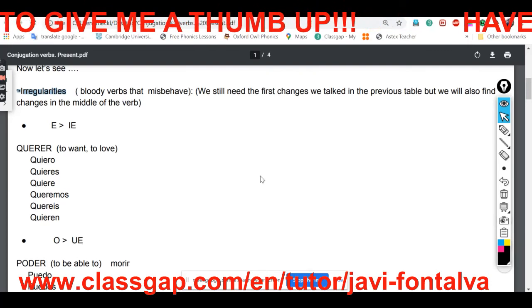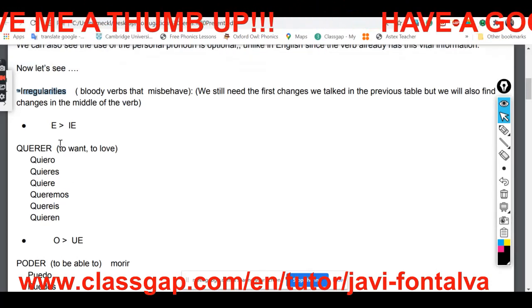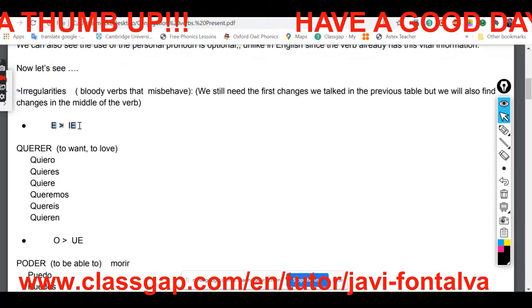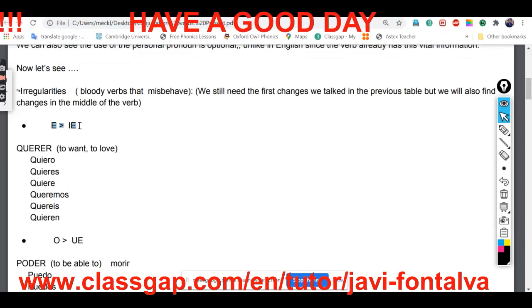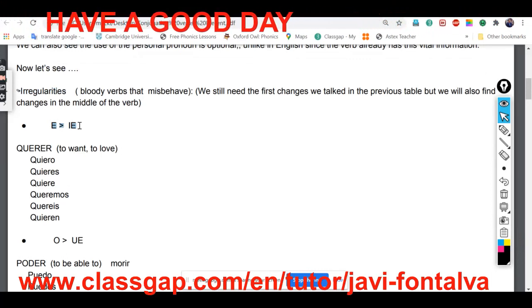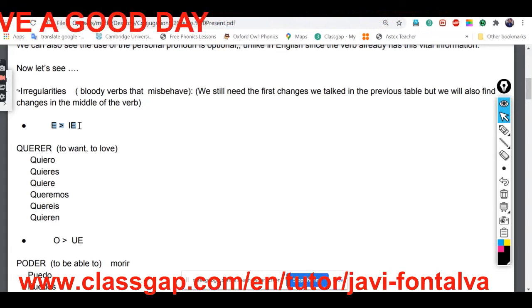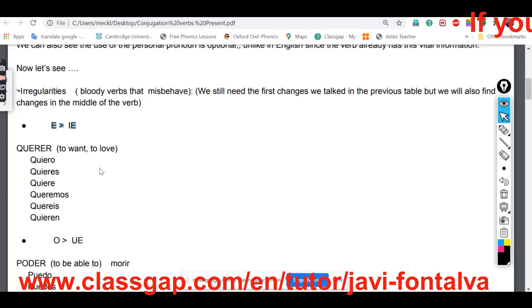Okay. So with these verbs, you're gonna have a diphthong in the middle. The diphthong is quite difficult to pronounce, so I won't even bother. Basically, you're gonna have two vowels in the middle for no reason.